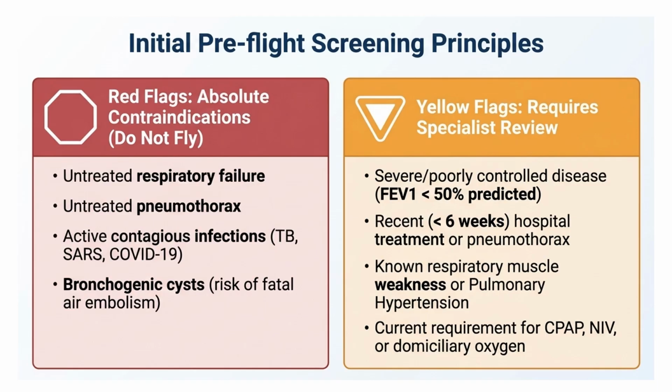And what specialist input is needed? Usually patients with FEV1 less than 50, or hospitalized treatment for pneumothorax within the last 6 weeks, respiratory muscle weakness, and patients on CPAP or NIV, sometimes patients on oxygen. These types of patients need a specialist review before the flight.